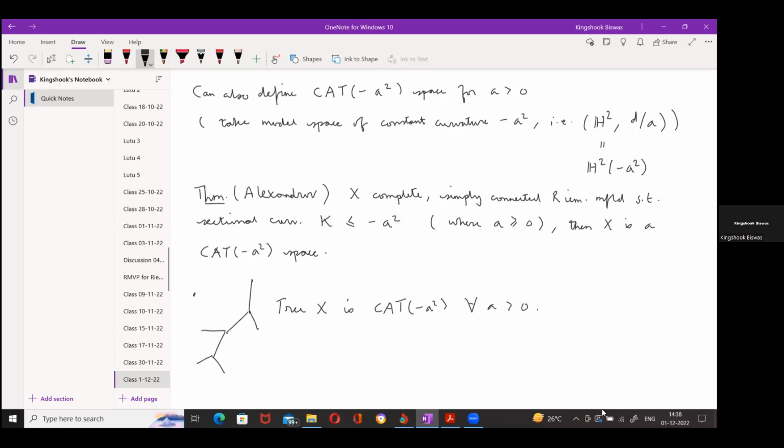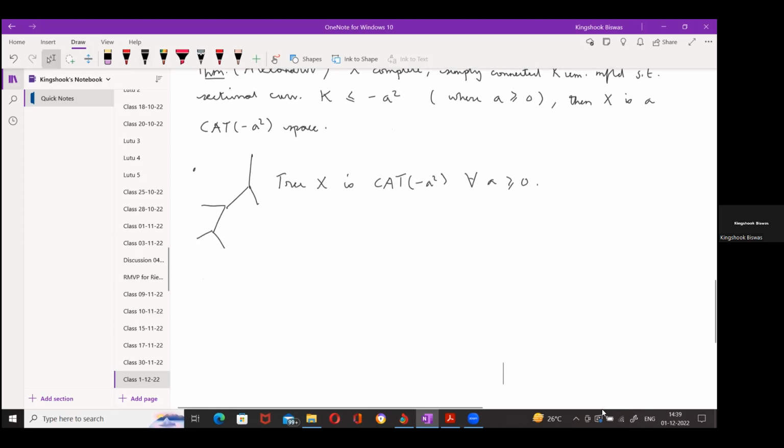So this is a simple example of a space which is not a manifold, but which is a CAT(-1) space, and of course it's CAT(0) also. Oh, and I should say, if B is bigger than A, then CAT(-B squared) is also CAT(-A squared).